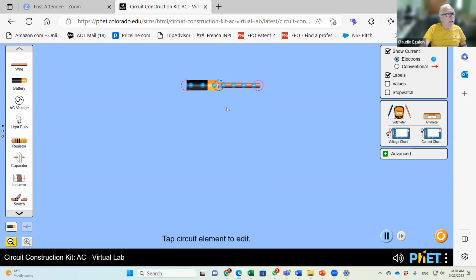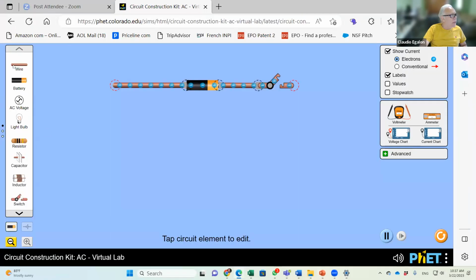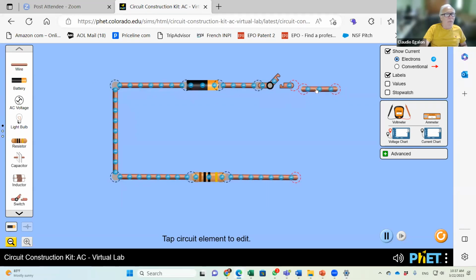I'm going to put a switch just for the sake of using it. And here goes. See, I'm following exactly what's here in my circuit. Wire. Resistor. And wire.